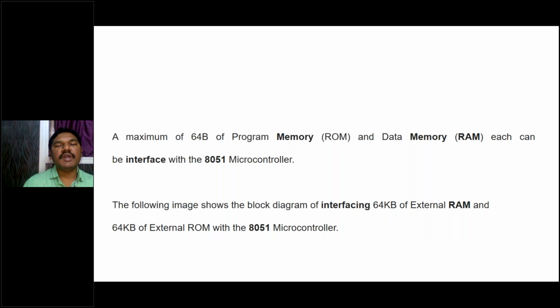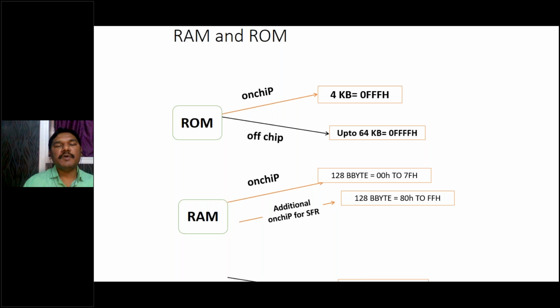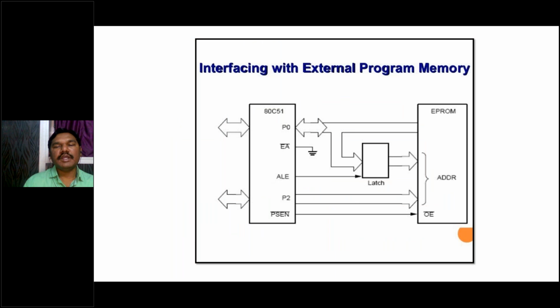Here I have given how much on-chip ROM, how much on-chip RAM, how much off-chip ROM, and how much off-chip RAM there is. Take for example our mobile phones: we connect memory cards externally to save user data or some apps.